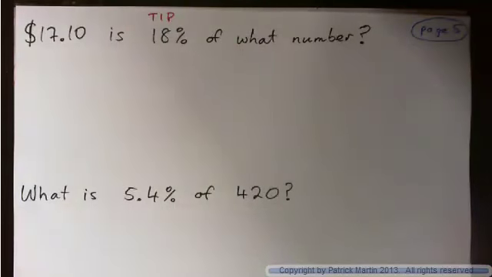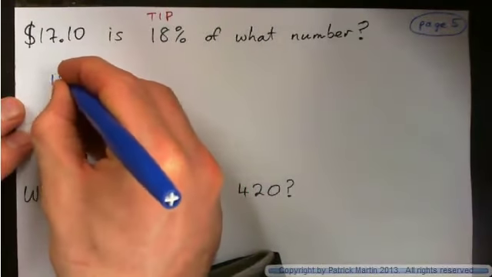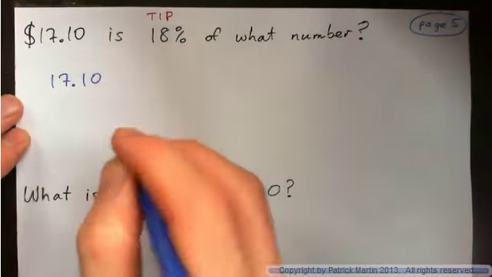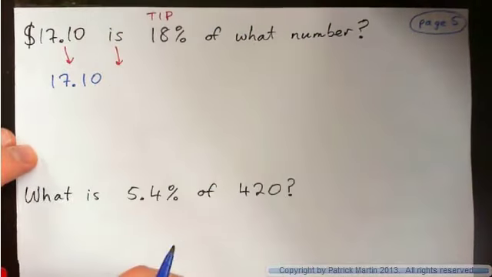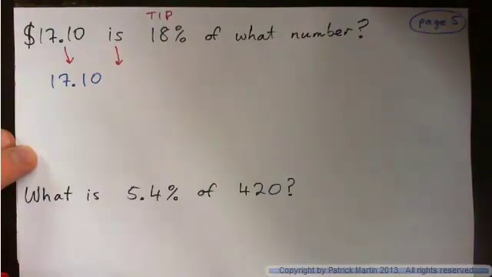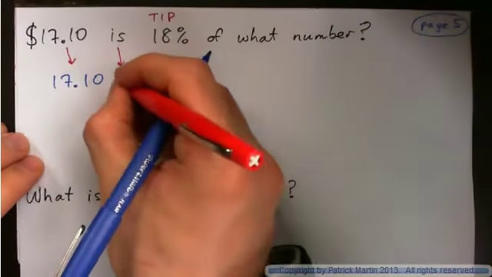What number? Okay. So let's go ahead and solve this one, right? So 17.10 goes there, is, how can you write is in an equation? Equals.